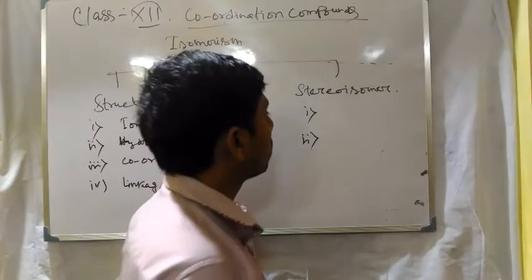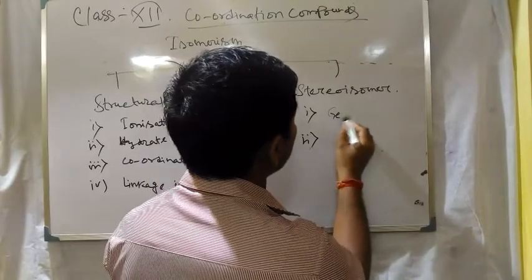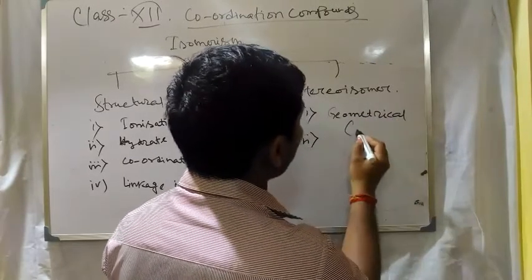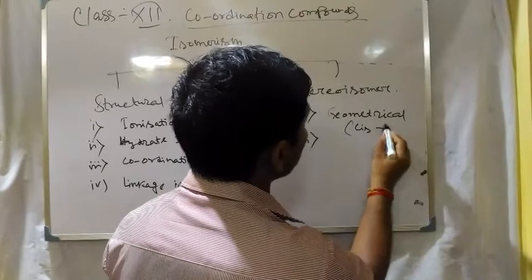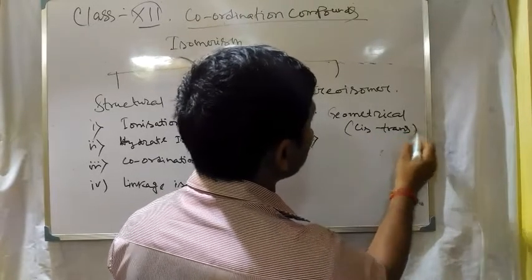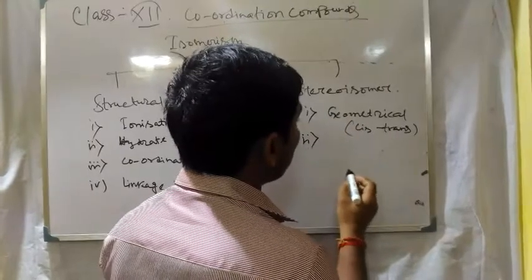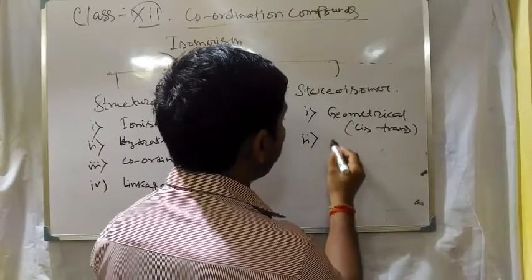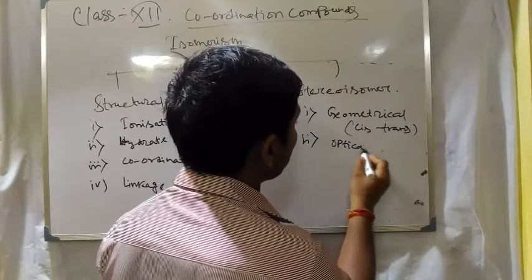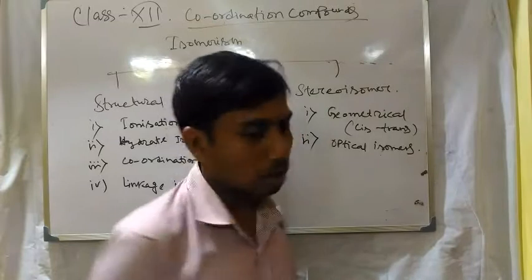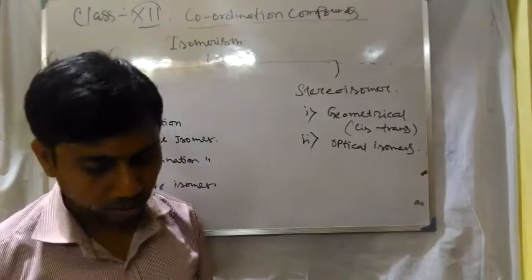Now, stereoisomers are, first of all, the geometrical isomer, popularly called cis-trans isomer, and another one is the optical isomer.